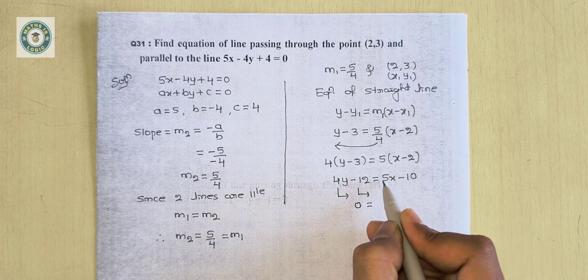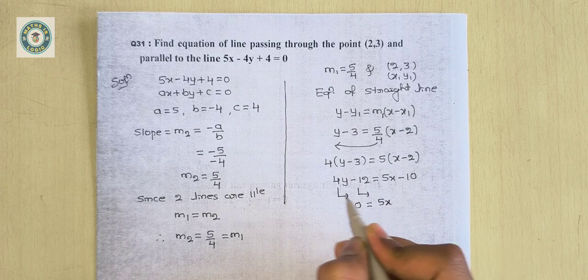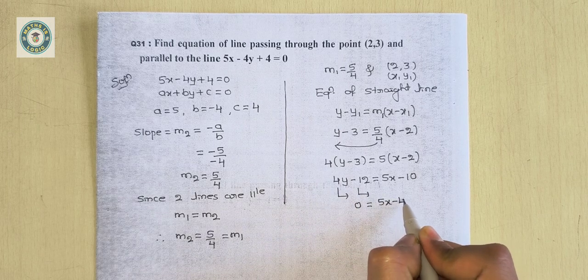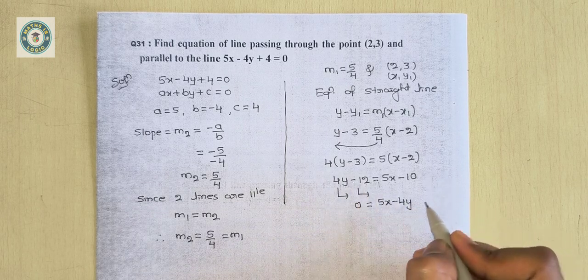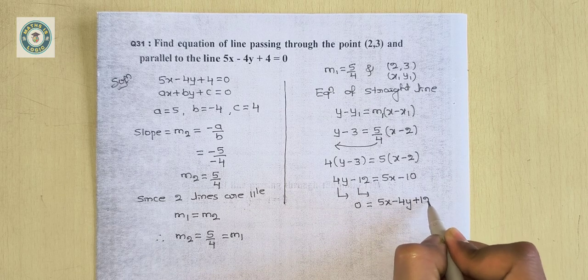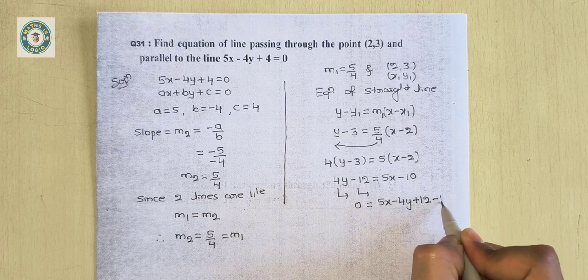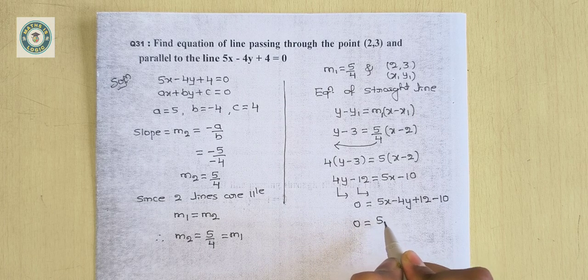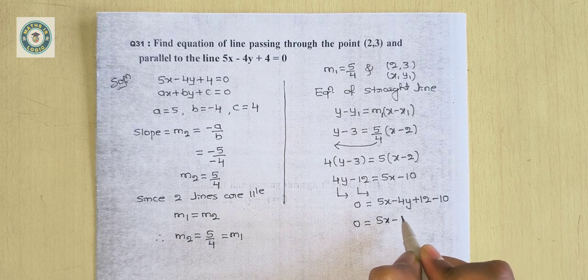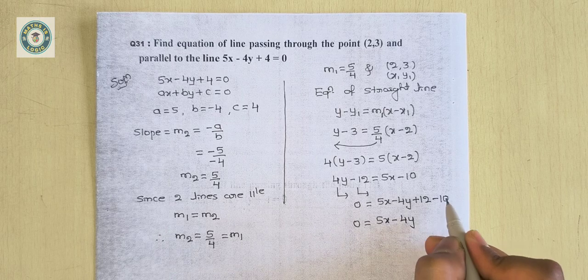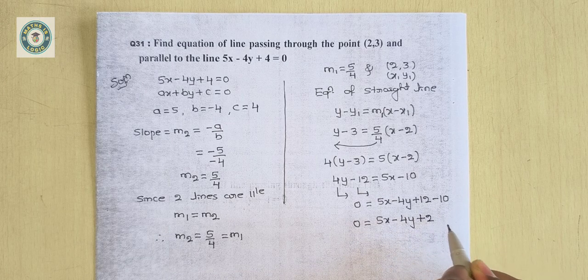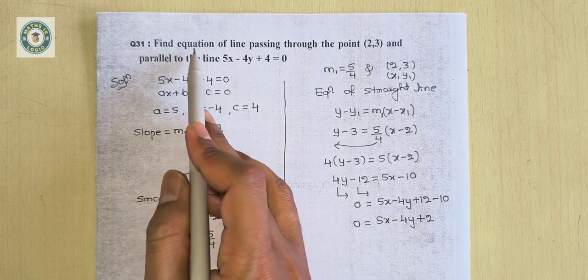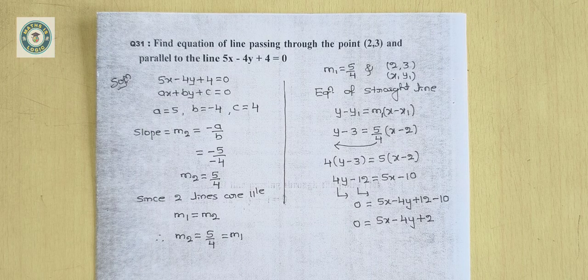So 0 is equal to 5x minus 4y plus 12 minus 10. Therefore 0 is equal to 5x minus 4y plus 2. This is the required equation of the straight line.